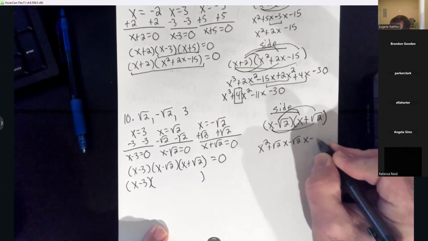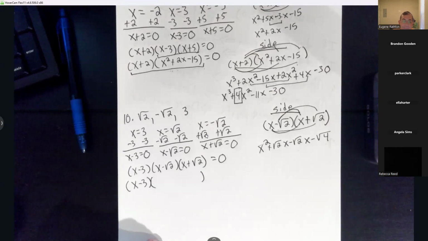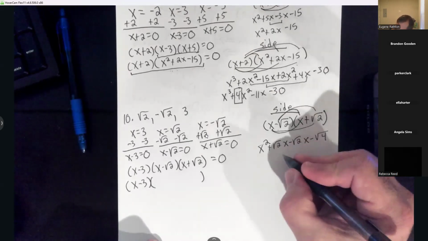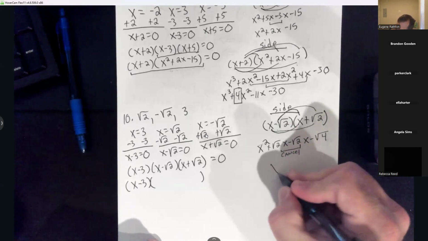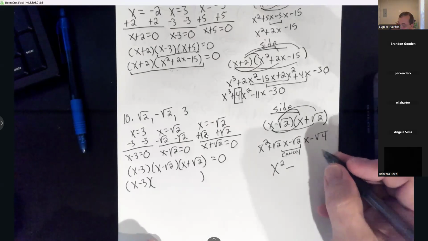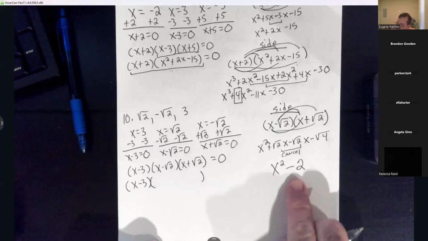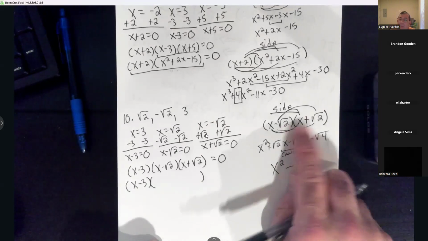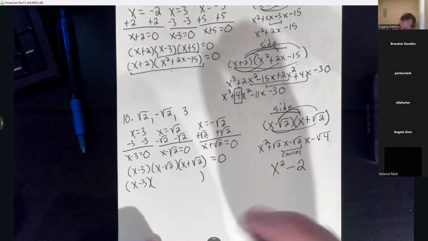That gives you a negative square root of 4. So they canceled in the middle right here for sure. So bring down your x squared minus, well, what's the square root of 4? 2. So remember, the radical times the radical always gives you the number under that radical, okay?